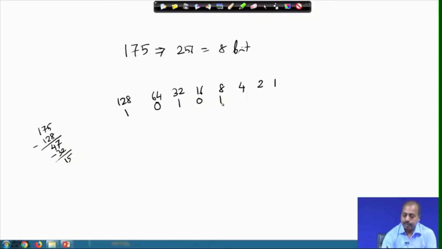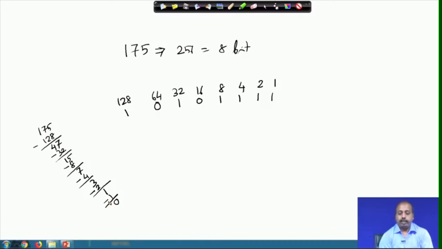I take this 8, minus 8, left with 7. So, I have to take this 4, minus 4, I am left with 3. So, I take this 2, minus 2, I am left with 1, I take this 1, minus 1, left with 0. So, the value 175 in the binary number system will be given by 1010 1111.